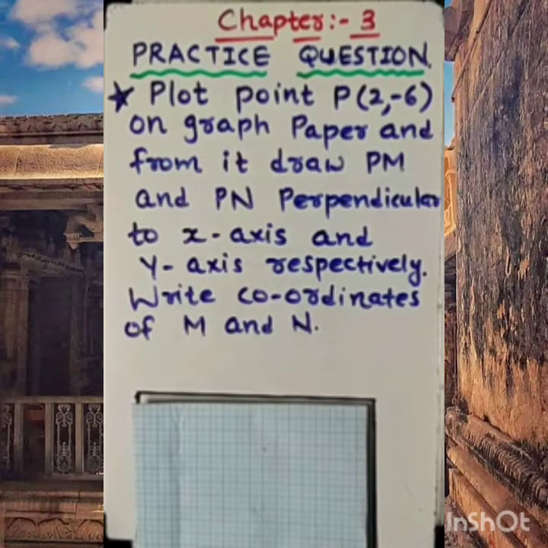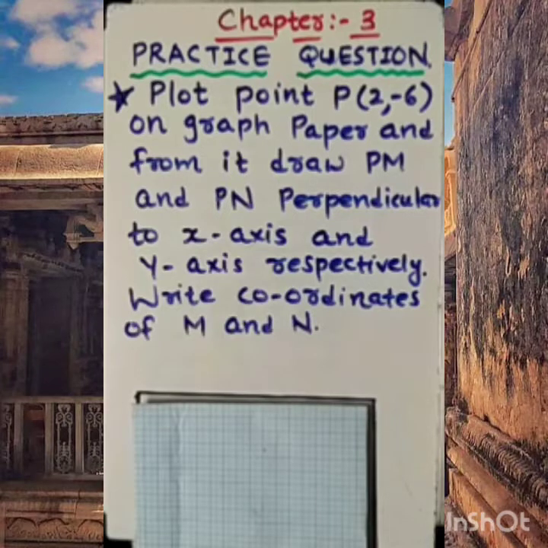So my dear student, here one more question is in front of you. Practice question. Plot point P(2, -6) on graph paper and from it draw PM and PN perpendicular to x-axis and y-axis respectively.